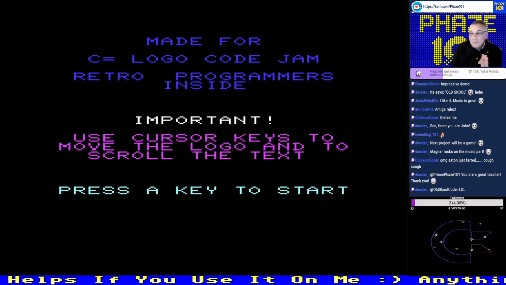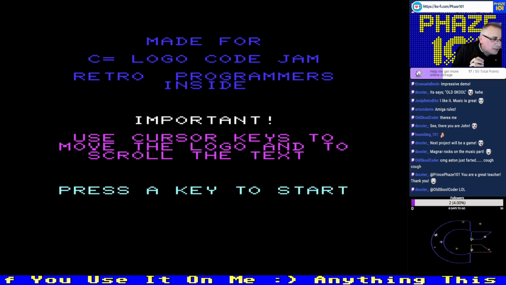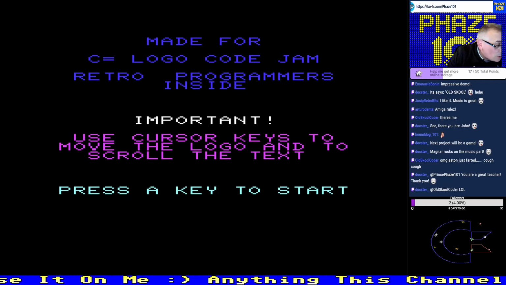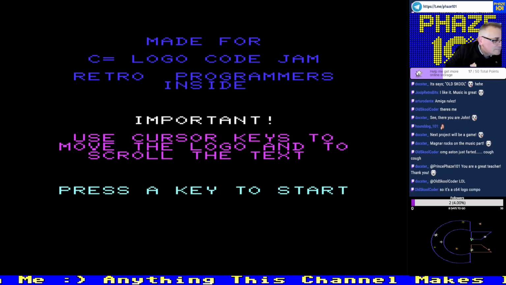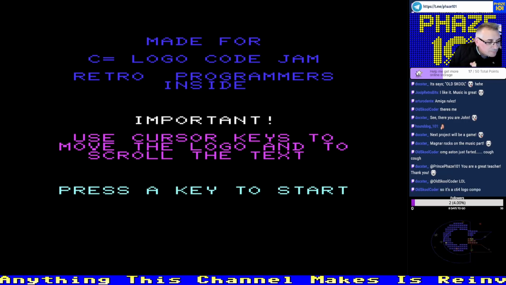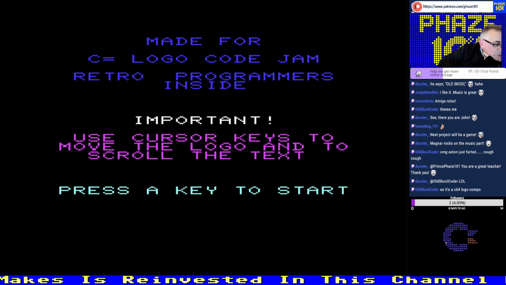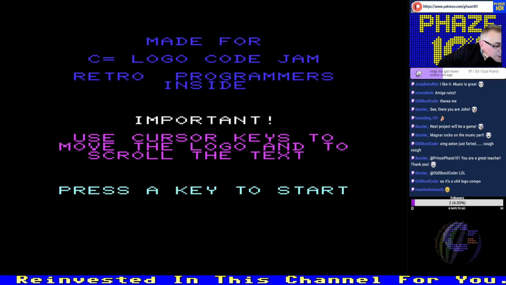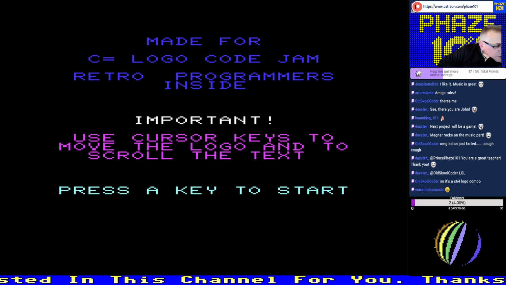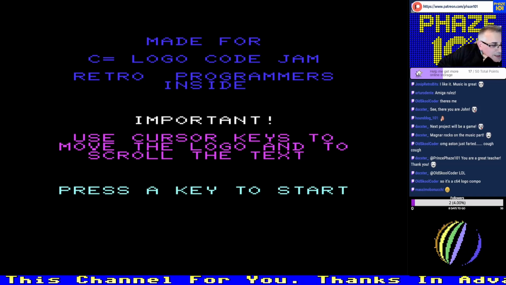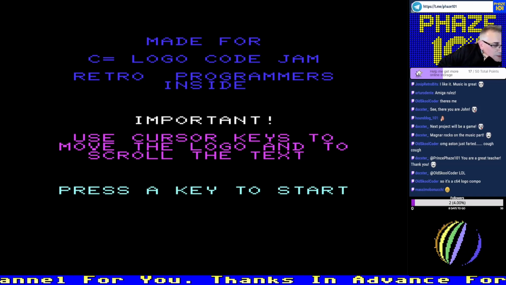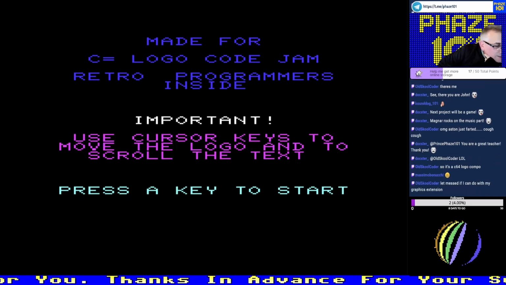So this is the logo that Massimo did. Yes, so the logo of the Commodore 64 old school coder was 40 years old on the 7th of January, I think. And so we ran a compo in relation to that.